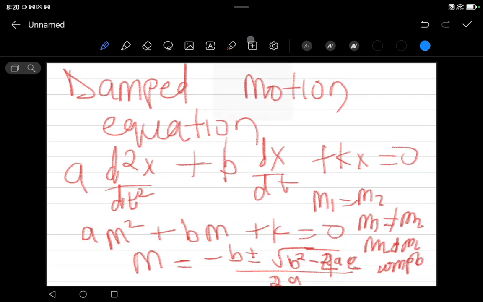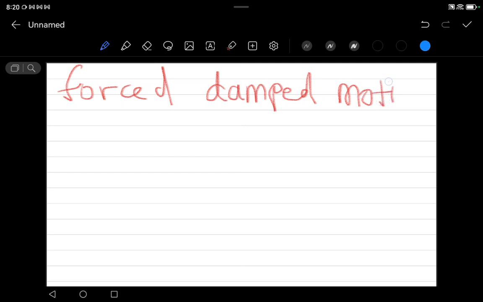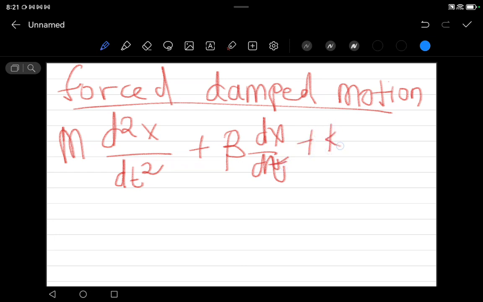And then remember, I also talked about the forced damped motion. So this is the equation of forced damped motion. It's going to be m d squared x over dt squared plus beta dx over dt plus kx equals f of x.